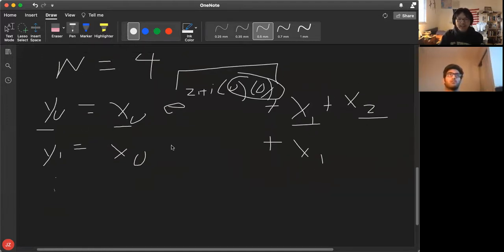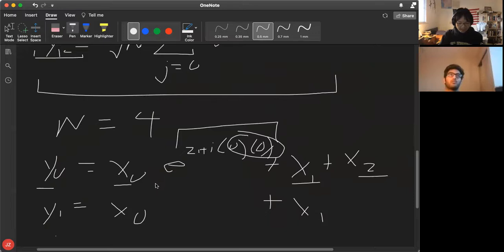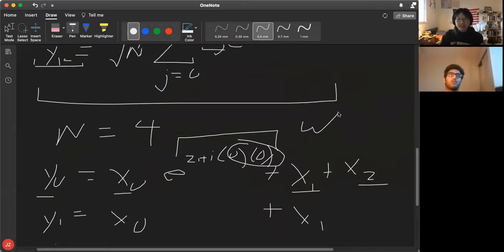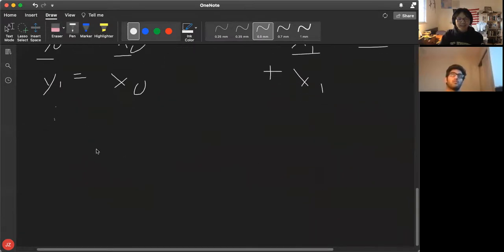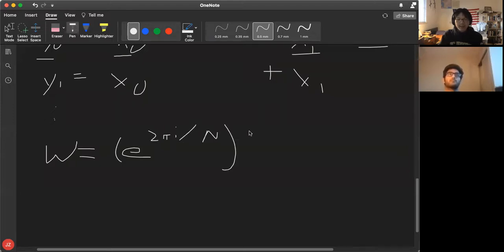But if I cram it all into a matrix, we have to remember our definition for omega. Omega is equal to e to the 2 pi i over n, and then you would have your j and k here.